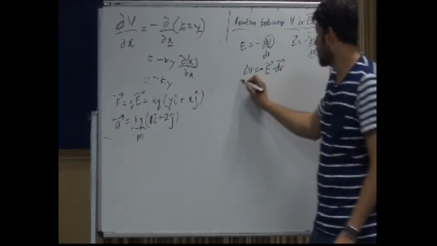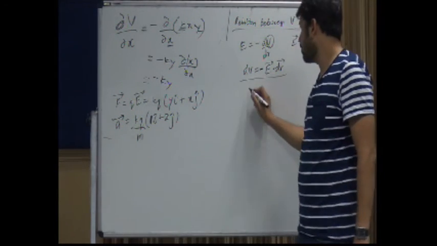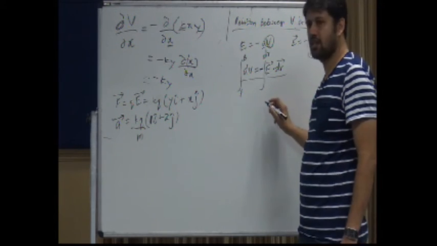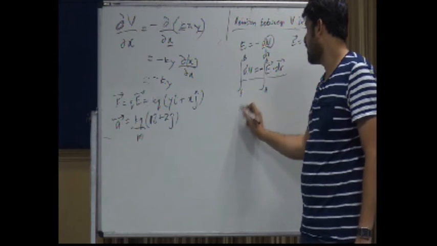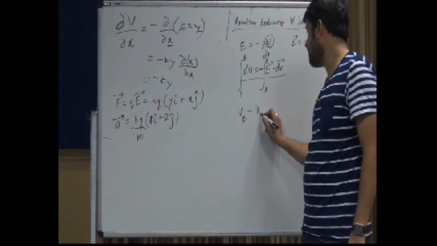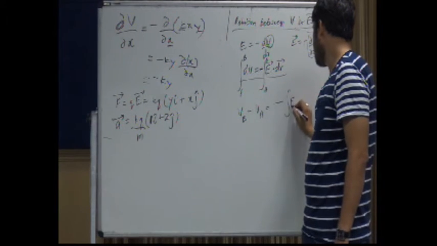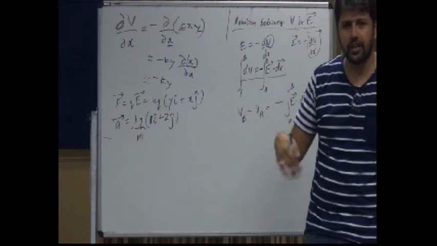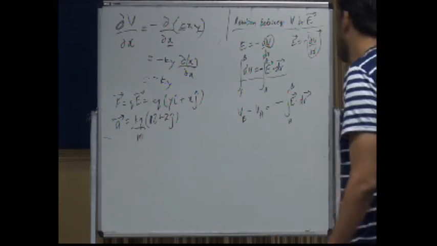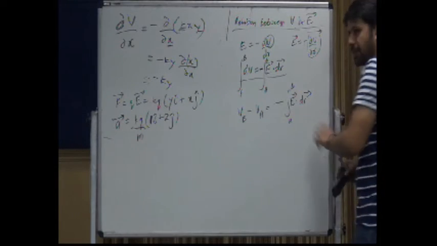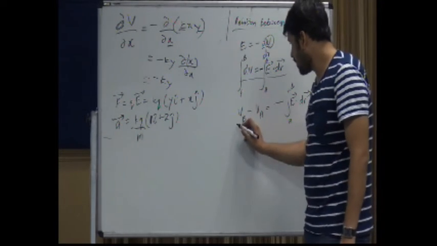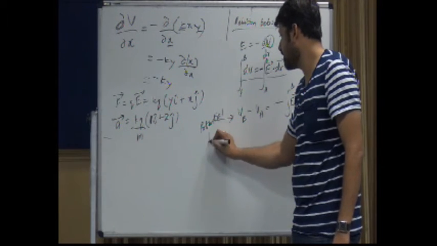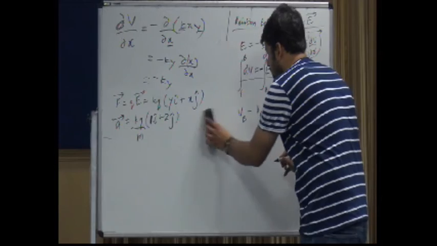So dV is minus E dot dr, and if we integrate both sides from point A to B, we get potential Vb minus Va is minus integral E dot dr. So if we know the electric field, we can find potential in this manner. This is the potential difference. I'll write it here.